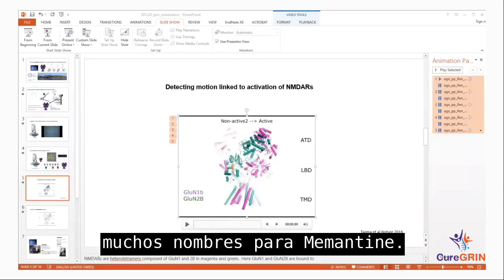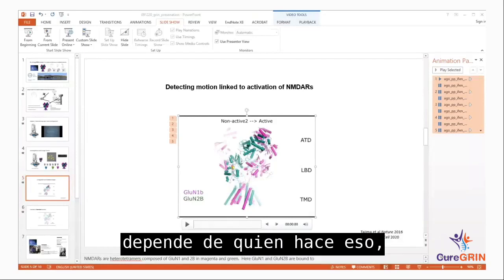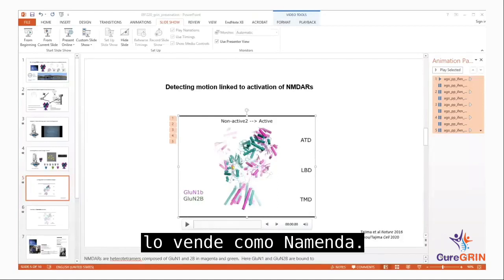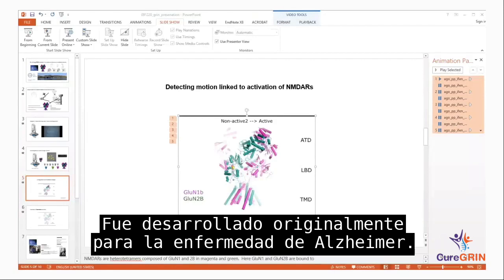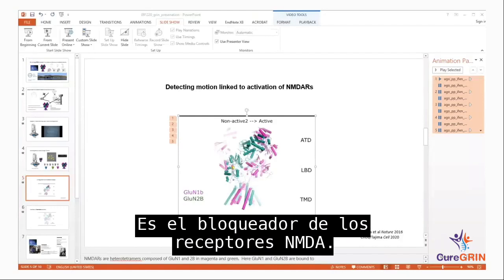There are many names for memantine. It's the basic name, and depends on who makes it. Some company sells it as Namenda. It was originally developed for Alzheimer's disease, and it is a blocker of NMDA receptors.